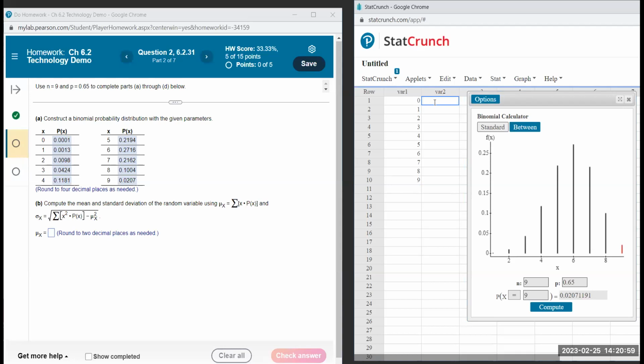And then all those probabilities in the second column. If you want to try it, you can. Just pause the video and enter all your data. But I'm actually going to illustrate the short formula that was on StatCrunch.